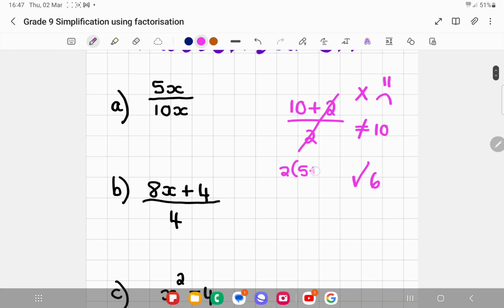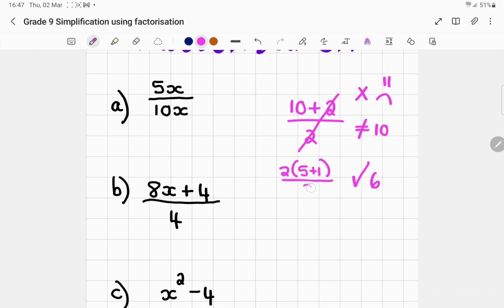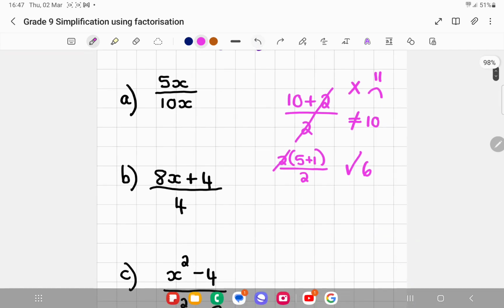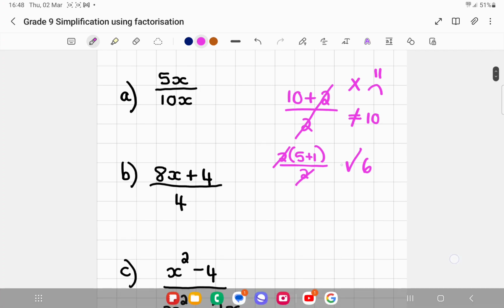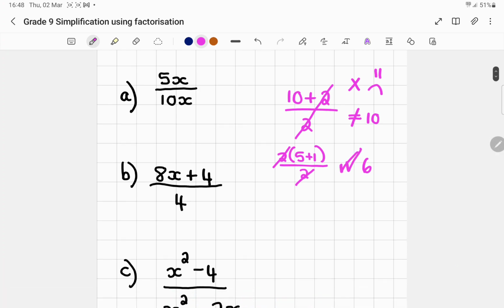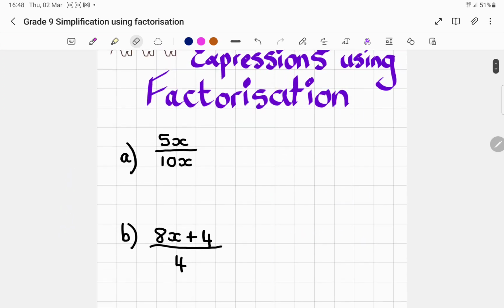What is left? 5 plus 1 over 2. Then I can go and cancel out. Why now? Because I've got one term divided by one term. Then you can cancel out, and you get your answer, which is 6. So just a quick way again to show why we factorize. But you'll see that in my videos I explain quite nicely.